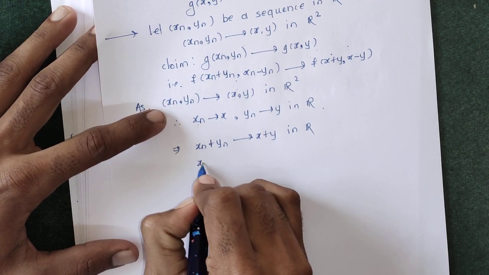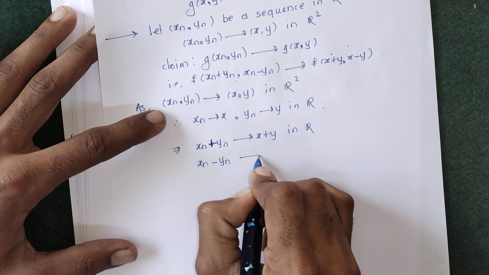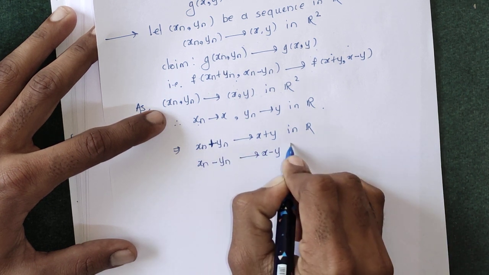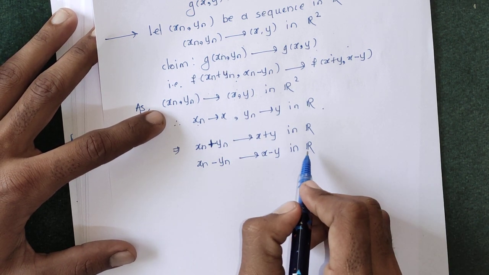Similarly, xn minus yn also converges to x minus y in R.